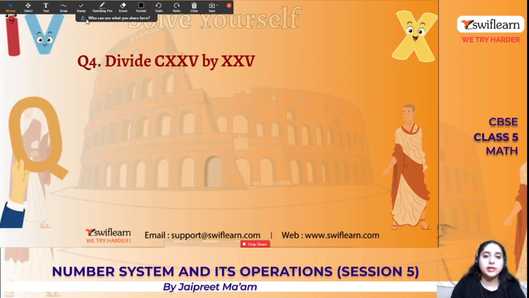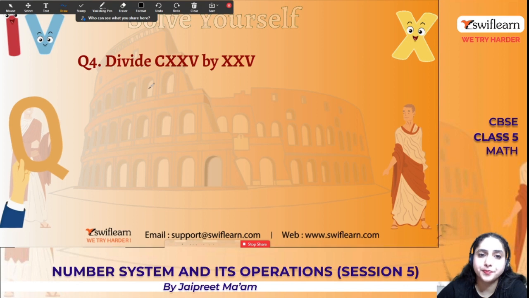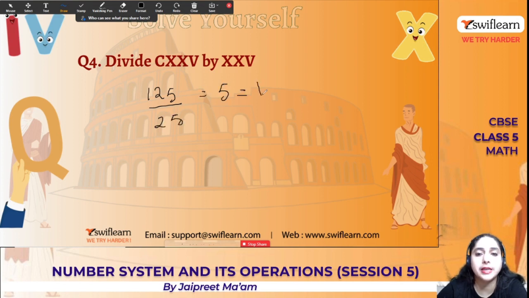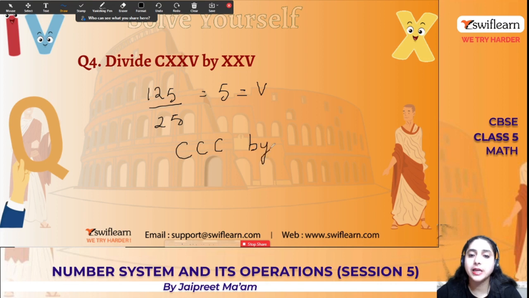Okay. Now let's see an example. CXXV and XXV. So CXXV means 125, divided by 25. Okay, we have seen this example and it's equal to 5 and that's V. Now let's do one more example. For example, it's written CCC and we have to divide it by 3.